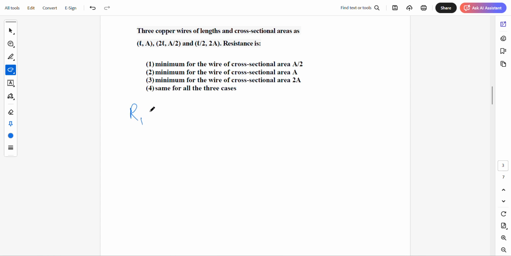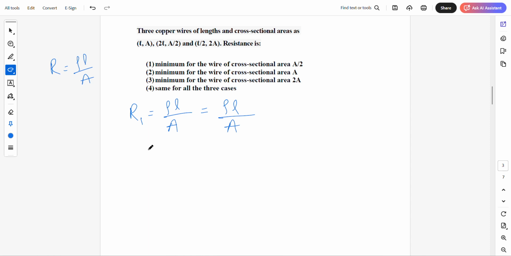We know that R is equal to rho L by A. R1 is equal to rho L by A. For the first wire, length is L itself and area is A itself. R1 is equal to rho L by A.